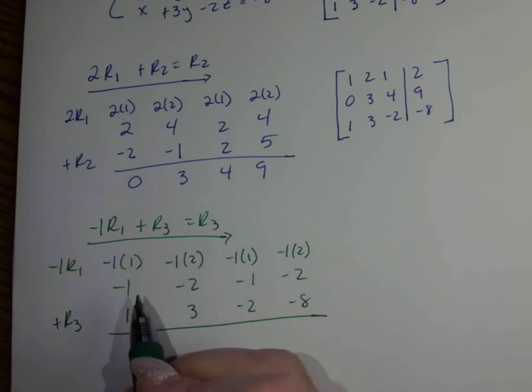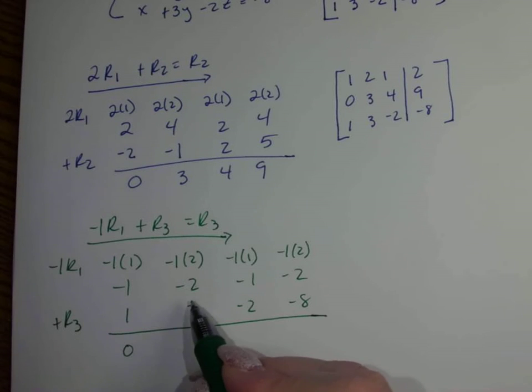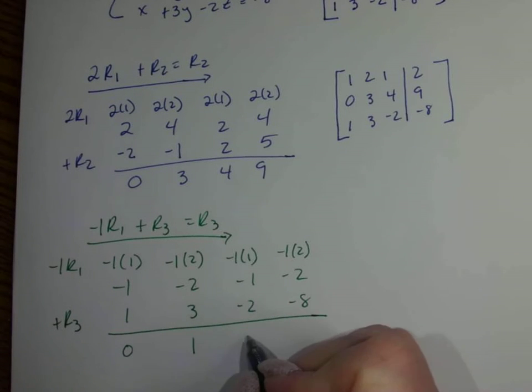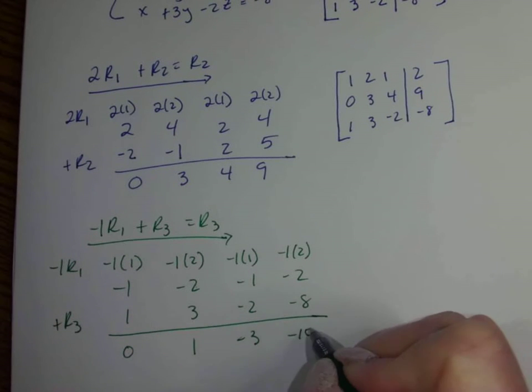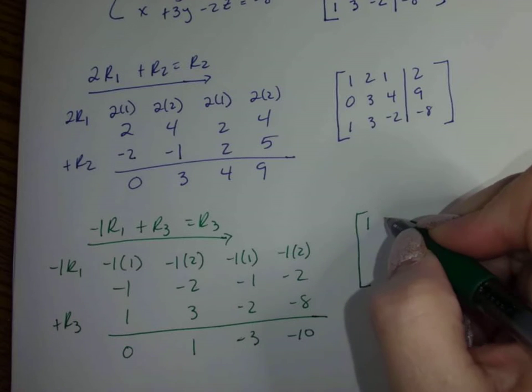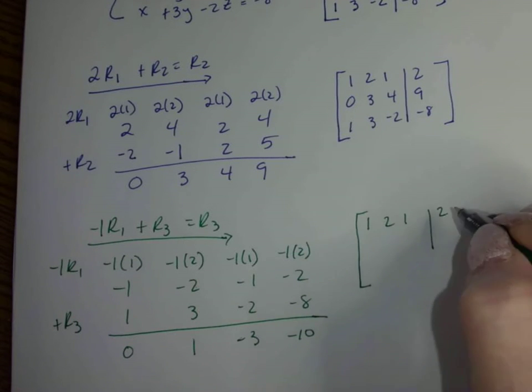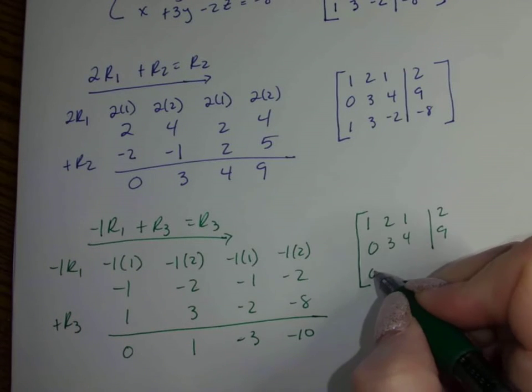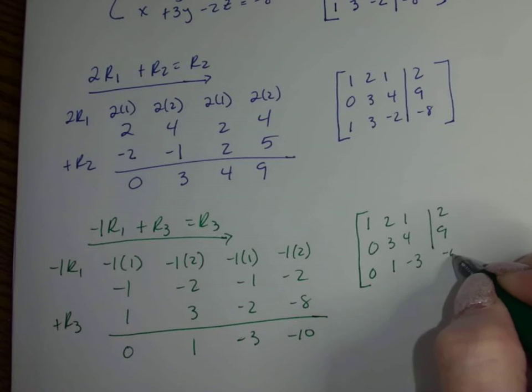Negative 1 plus 1 will get us 0. Negative 2 plus 3 will get us 1. Negative 1 minus 2 is negative 3. And negative 2 minus 8 is negative 10. Rewrite the matrix. Row 1 did not change. Row 2 did not change. But row 3 is now 0, 1, negative 3, and negative 10.